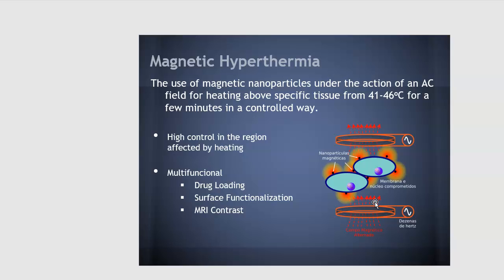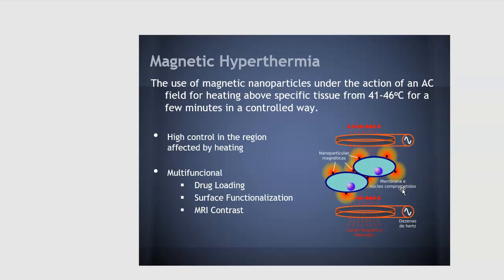And if we talk about magnetic hyperthermia, it is how we can use magnetic nanoparticles under the action of an AC magnetic field for heating specific tissues to 41 to 46 degrees for a few minutes in a controlled fashion. You can see in the slide, you have cancer cells interacting with magnetic nanoparticles.